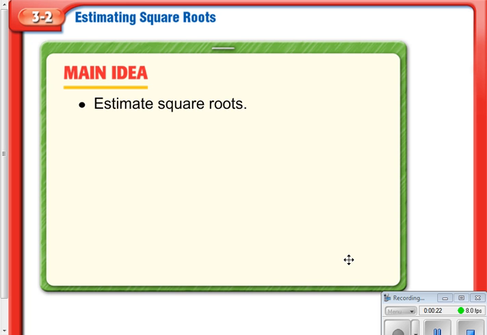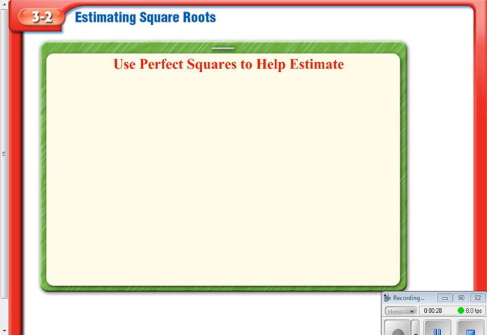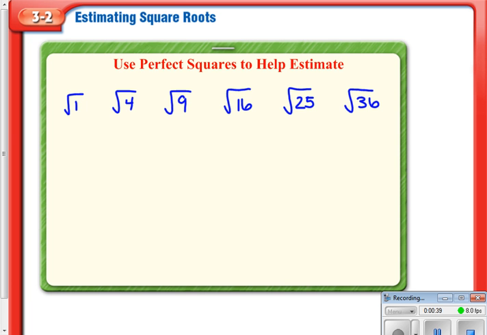So here is the problem solving strategy to figure out square roots without a calculator. First things first, we're going to list off a bunch of the perfect squares to help out with our estimation. Here's the first 6 that we have. Square root 1 gives us 1, square root 4, 2, 3, 4, 5, 6.